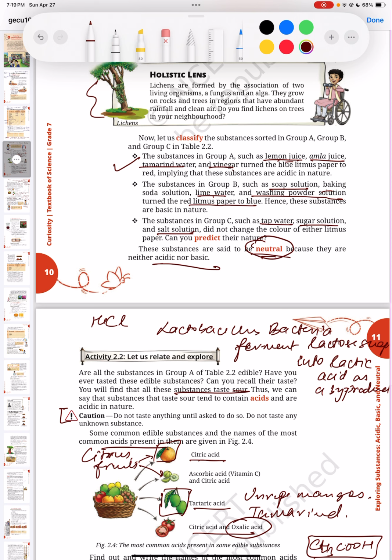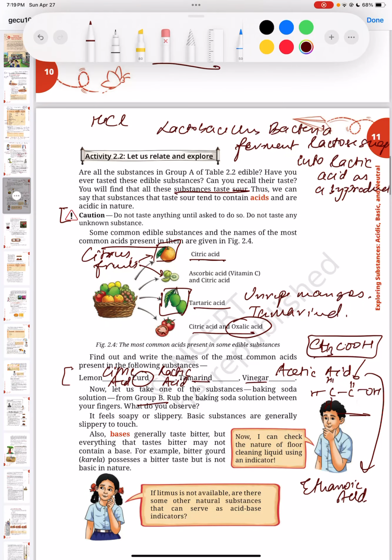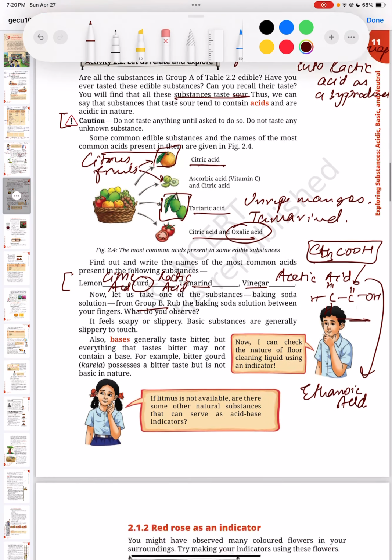Of course, we know about the washing powder and the detergent, that they are slippery because they are soap, right? But surprisingly, you will notice the same thing with the baking soda as well, and with the lime water as well. Lime water not that much, in fact, it is mostly non-existent, but in baking soda and all of these it's very much the case. By the way, what is baking soda?